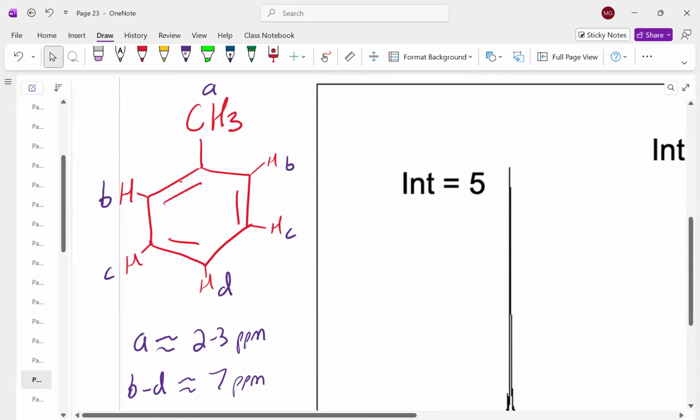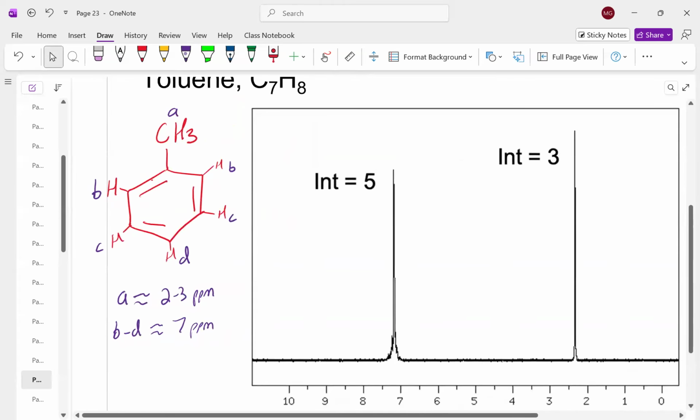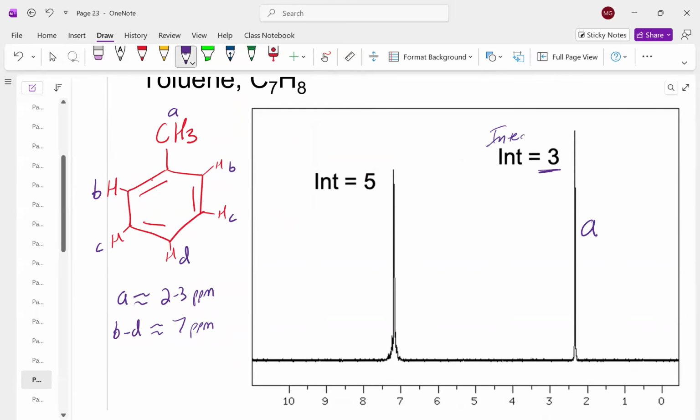So if we now look at our spectra, we see that if we look upfield, there is a signal between 2 and 3. There's our A hydrogens. What is this int equals 3 thing? This is our integration. Remember, integration tells us the relative number of hydrogens. Here, it just flat out tells us that that signal represents 3 hydrogens. And if we look at what a CH3 is, it has 3 hydrogens on it.